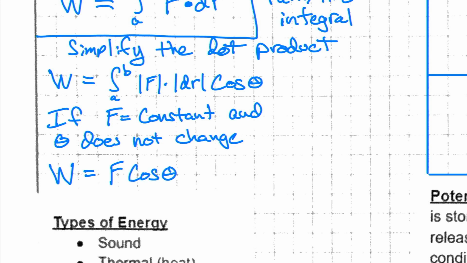Cosine of theta can also come outside of the integral as a constant. And we're left with the integral from A to B of dr. And when you integrate dr, that just gives you the distance that you moved along that path. And this is the formula F d cosine theta, where theta is the angle between the force and the displacement. That's the formula that you would have learned in Physics 1.